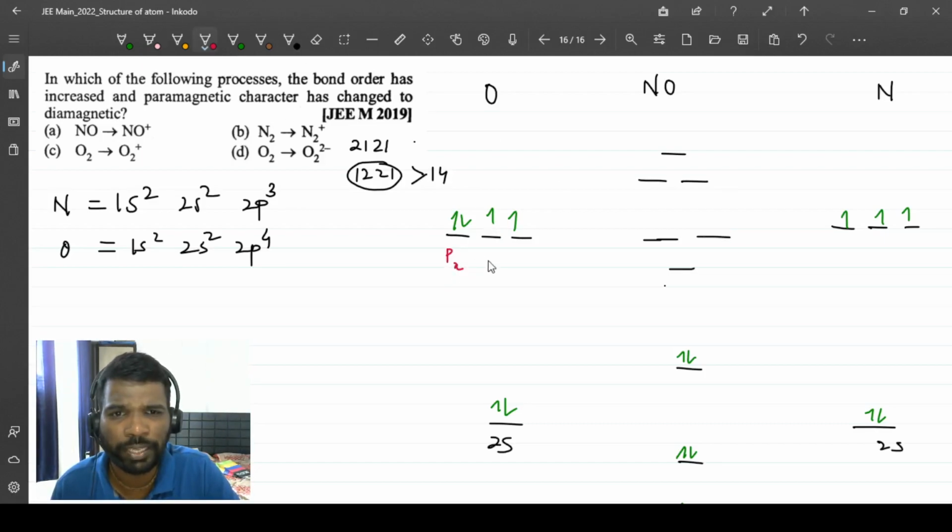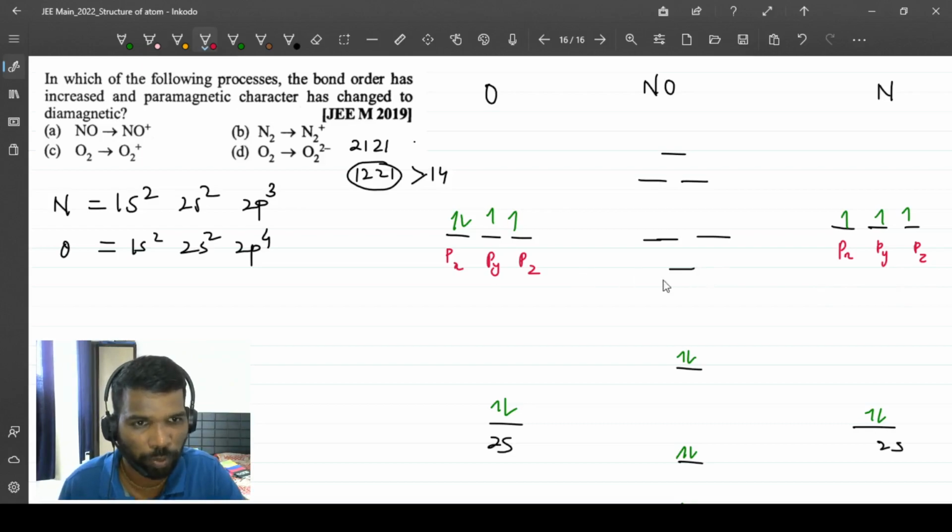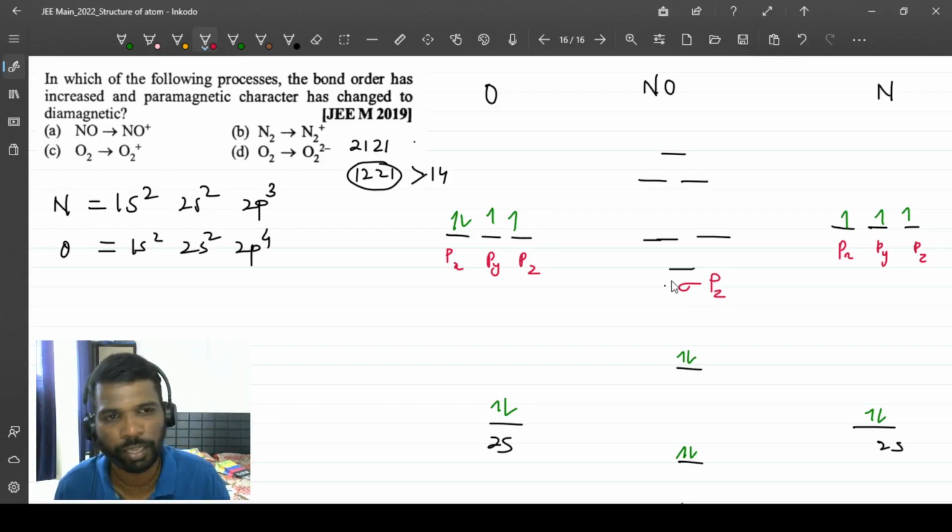This is px, this is py, this is pz, and this is also px, py, and pz. There will always be a sigma bond forming along the z-axis, sigma 2pz.